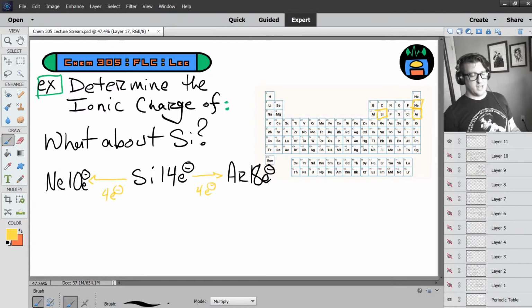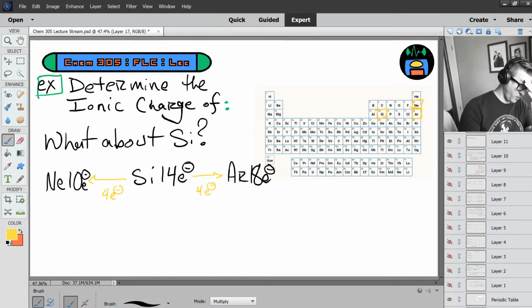All right, and the same is true, by the way, for carbon, for example. Exact same story.